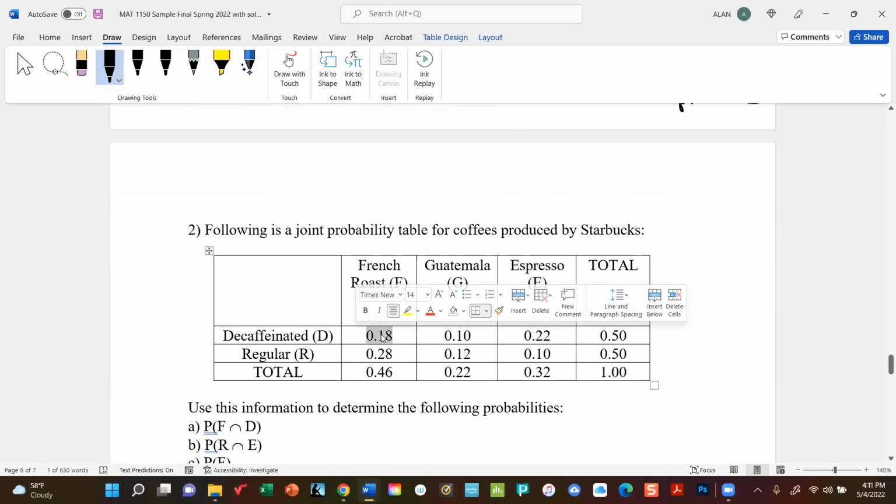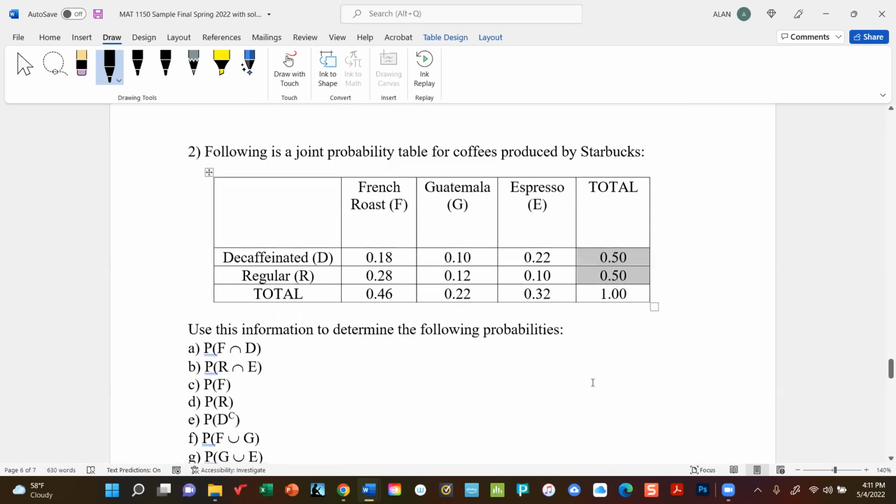So 18% of the coffees in the store are French roast decaf. And similarly, 10% are regular espresso, 12% are regular Guatemala. And also you can come down here to these totals and you'll discover that 46% are French roast, 22% are Guatemala, 32% are espresso. And it turns out that 50% are decaf, 50% are regular.